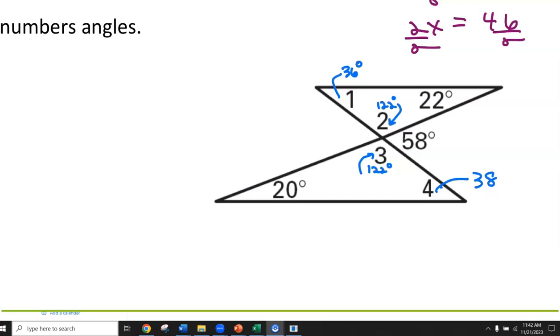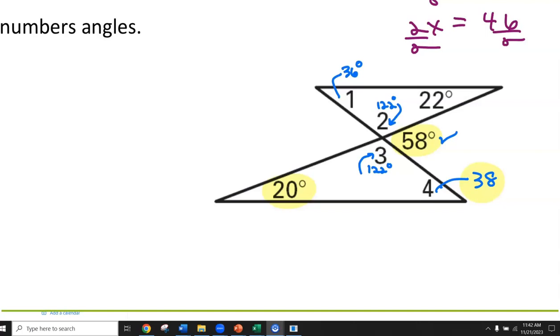Guess what? We can practice exterior angles, which I know you love. Here's an exterior angle. Where are the remote angles? The remote interior are here and here. What is 38 plus 20? It is indeed 58. That's great.